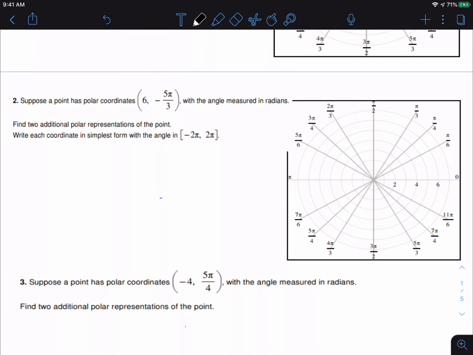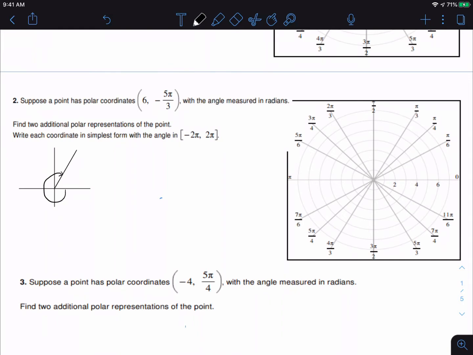So in this example, again, I'll draw the little example for us so we can see how it's generated. Okay, so it's saying that we're going to go a negative 5 pi over 3. So negative 5 pi over 3 is telling us to go this way. And this is the angle that we end up with, correct?